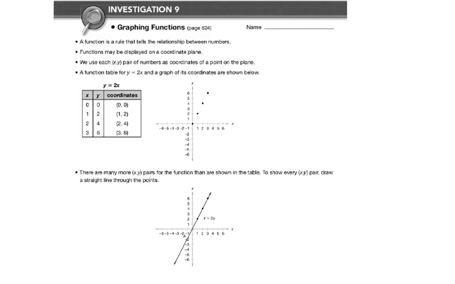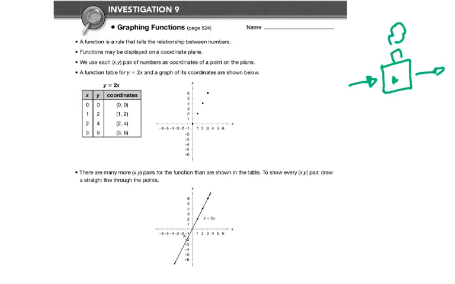Investigation 9, we're graphing functions. Remember that a function is a rule that tells us the relationship between two numbers. If you remember, we had our function factory, where something goes in, something happens inside, and something comes out.